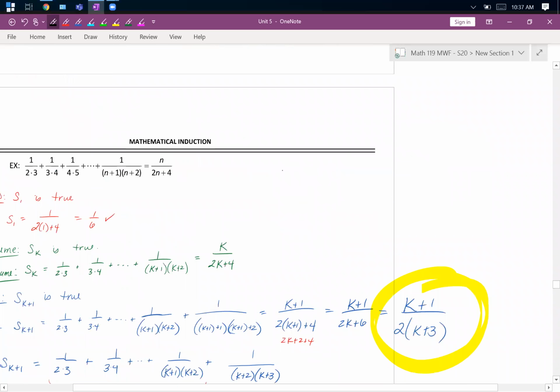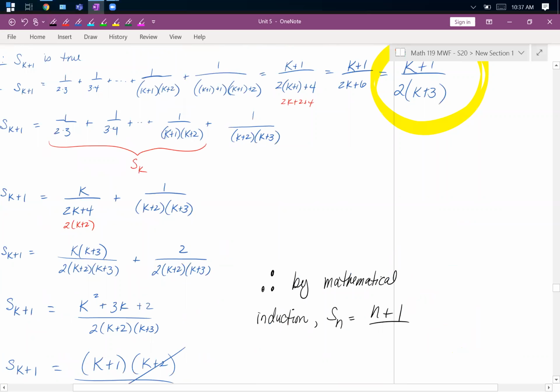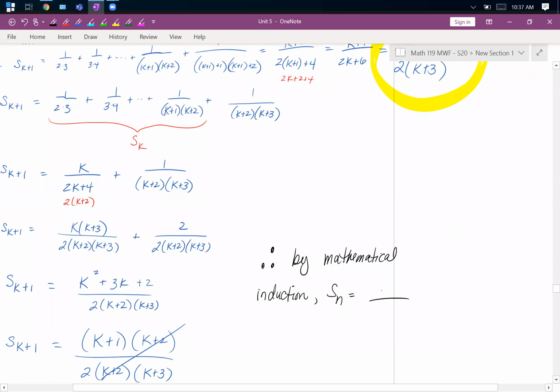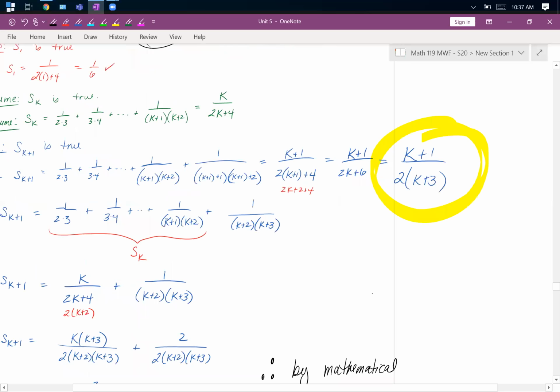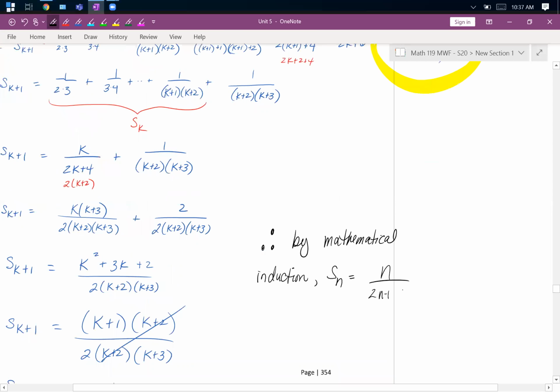I need to write this here. Okay, so S sub n is equal to n over 2n plus 4 for all integers n. And there we go.